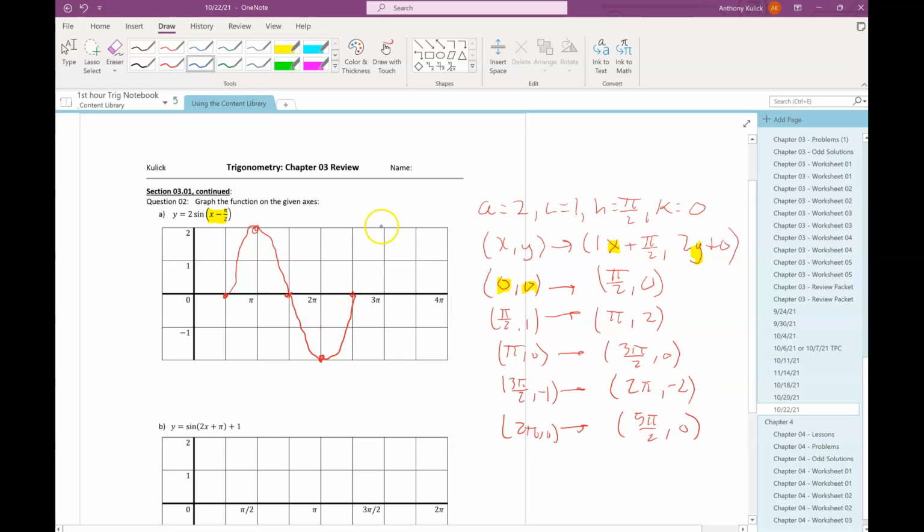After I go back to a maximum, midline, minimum. And same thing with the other end: I'd be down to a minimum and then back to the midline. So just follow the pattern in both directions to fill out the rest of my graph.